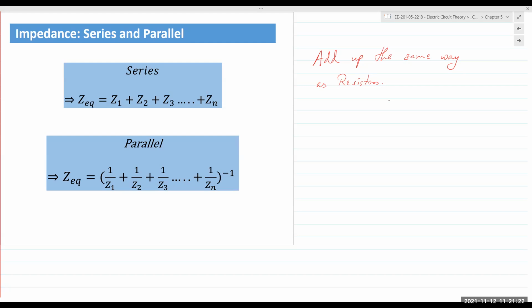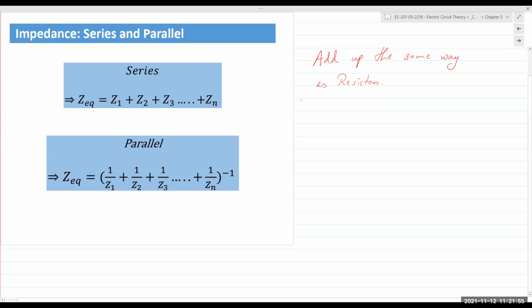What if you have two capacitors in parallel, C1 and C2? If you want to find the total equivalent capacitance, CEQ, it's C1 plus C2, right? But if you add up the impedances of those very same capacitors, you would have to use this equation: 1 over ZC1 plus 1 over ZC2.